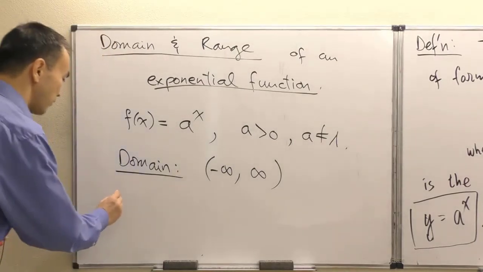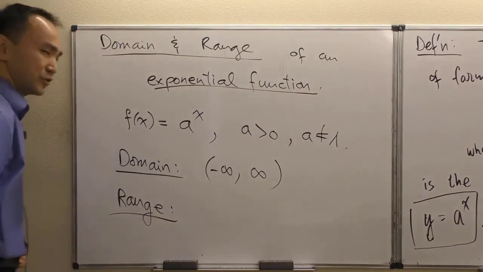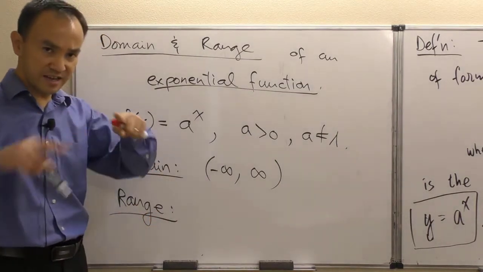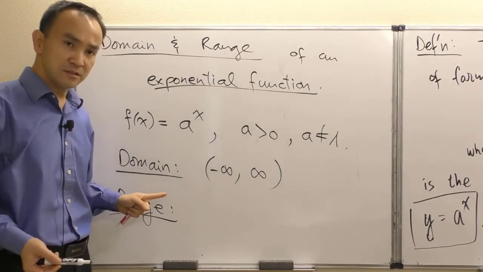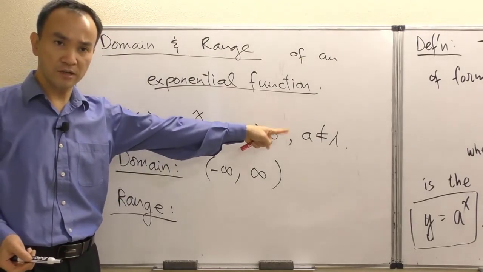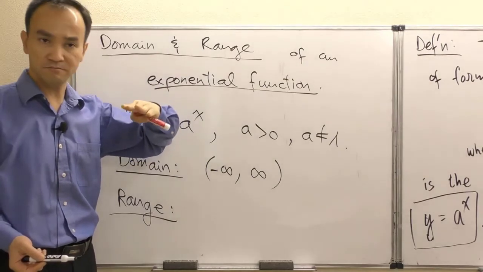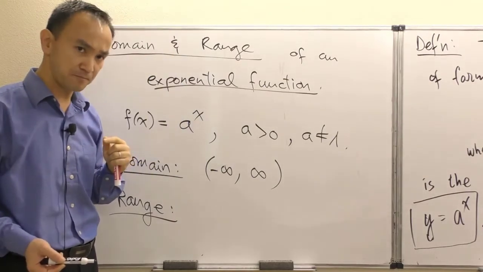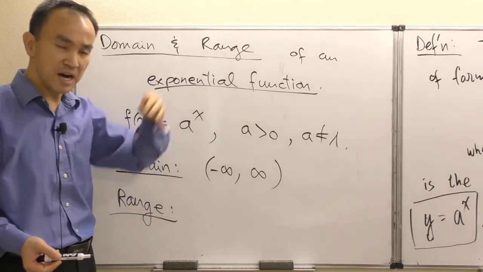And so the range. What about the range? Just earlier I came to the general conclusion that it doesn't matter if the base is greater than 1 or less than 1, the y value, the output of the function, must always be positive. The graph stays completely above the x-axis.